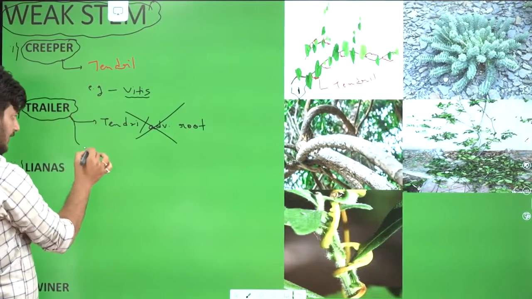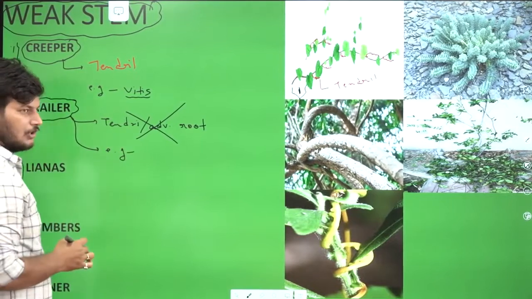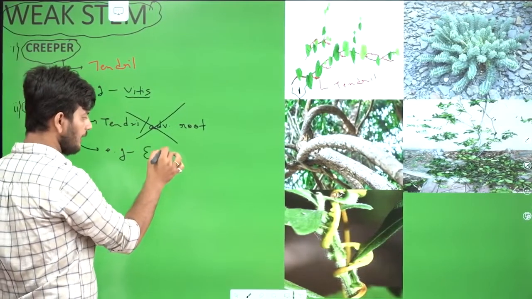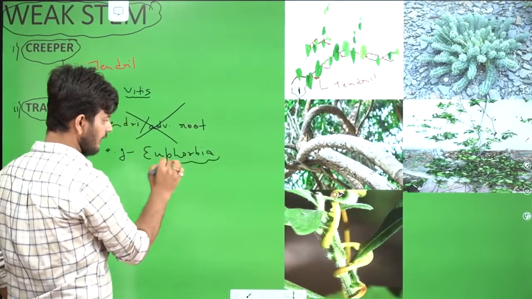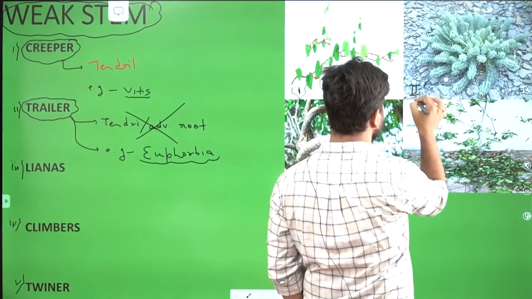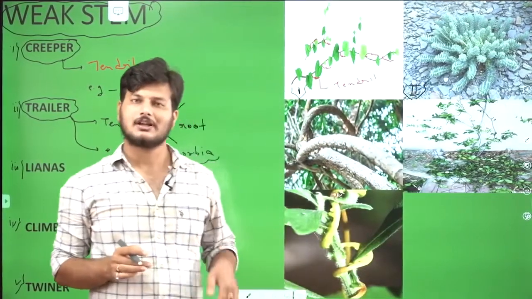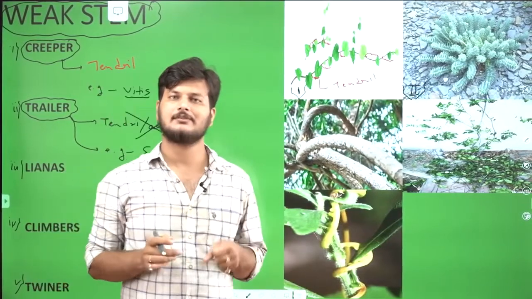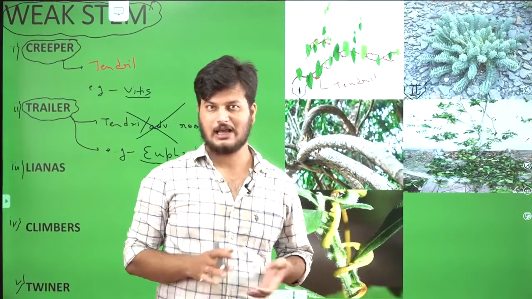The famous example of trailer is given here, Euphorbia, and its figure is given here. This one is the figure of Euphorbia. It means that trailer doesn't have a firm attachment with the soil or the support or anything upon which it is lying.